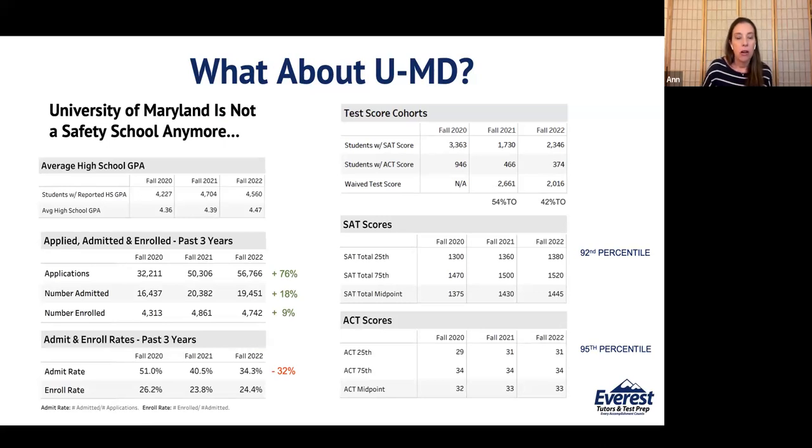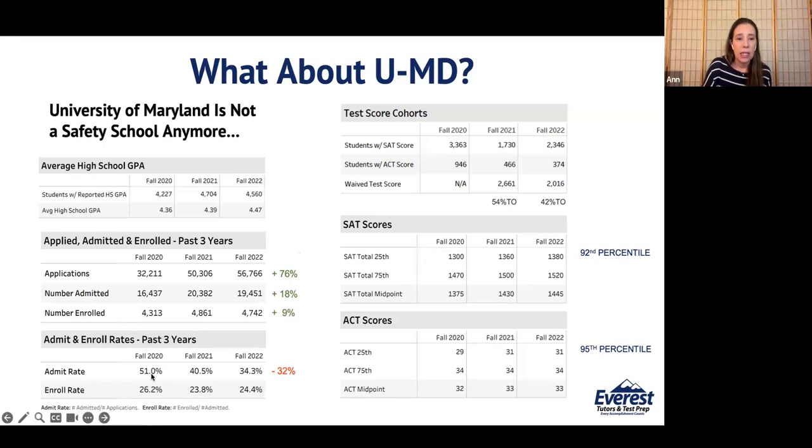But if we just look at applied, admitted, enrolled for the past 3 years, the number of applications is up 76% just in the 2 years that we have run this for. And they did admit more students, so they were able to take on 18% more students. And when you admit, not everybody you admit enrolls, so the enrolled number comes down to 9%.